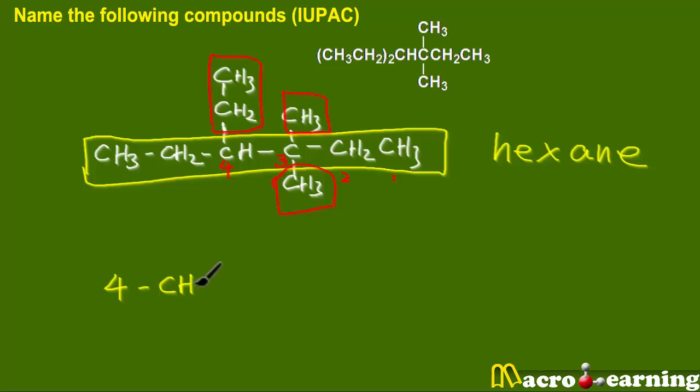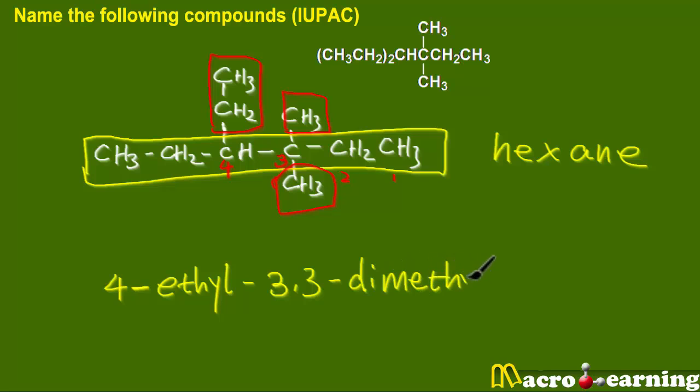Oops, I was not thinking. As I was talking, I sometimes tend to make mistakes like that. 4 ethyl, 2 methyl groups on the same carbon, carbon number 3. So 3, 3, dimethyl, hexane.